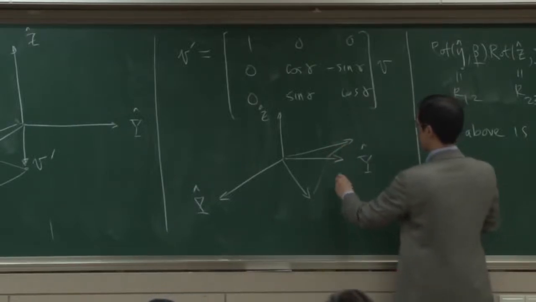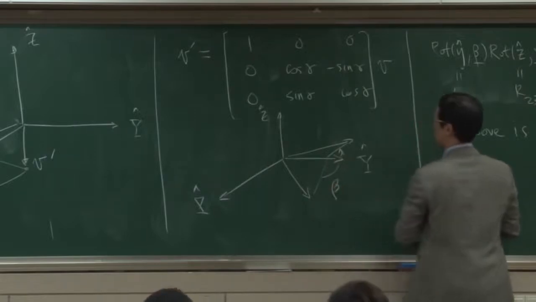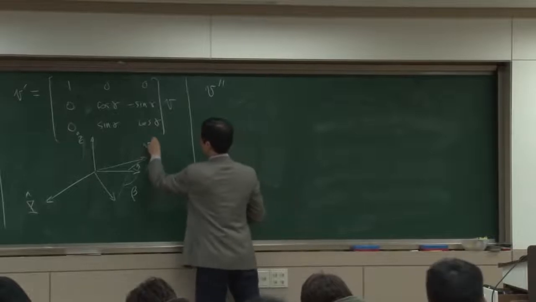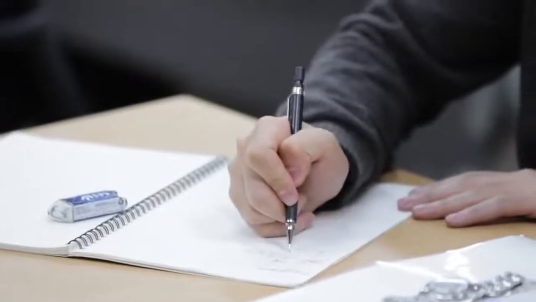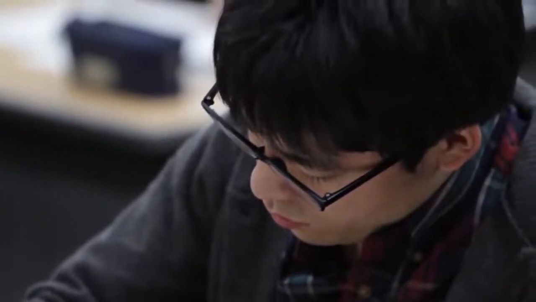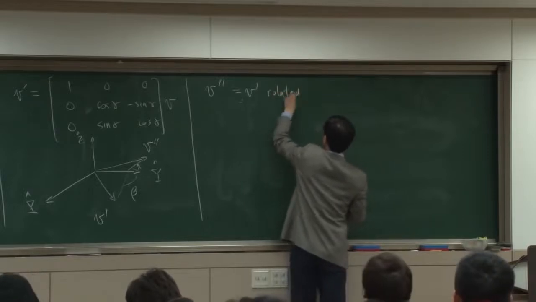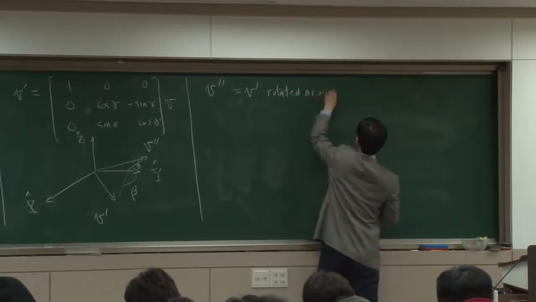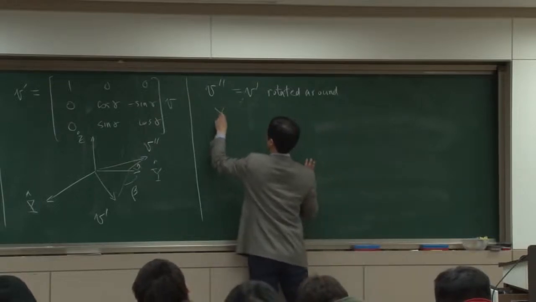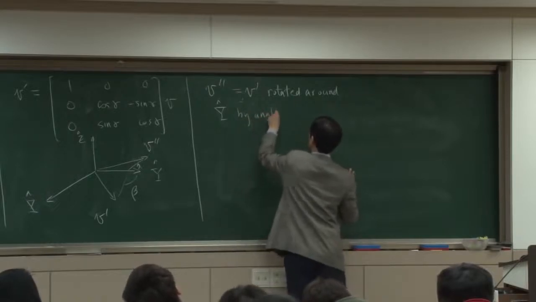Okay, so let me call the result v double prime. And this is v prime here. So v double prime is v prime rotated around the axis y hat by angle beta.